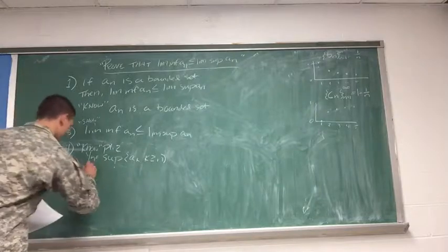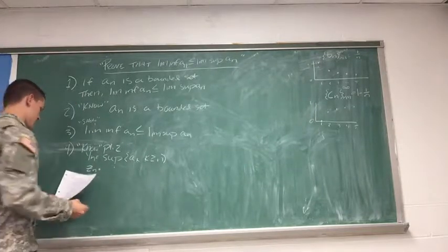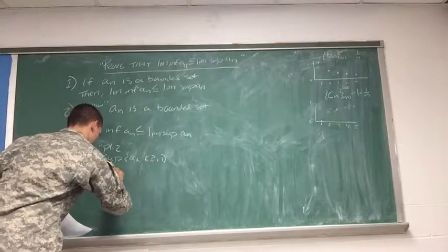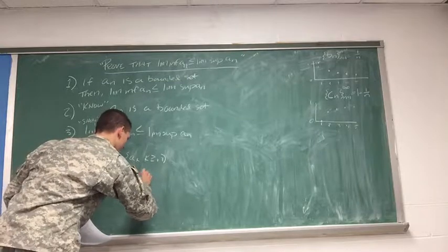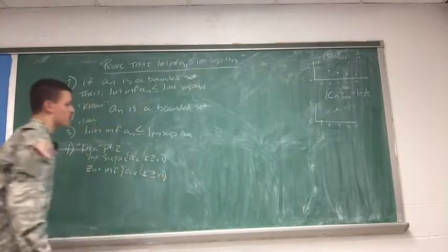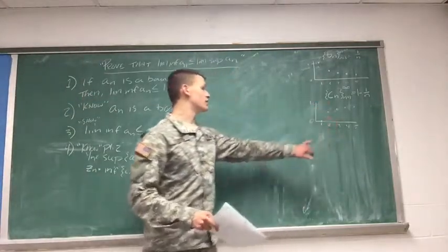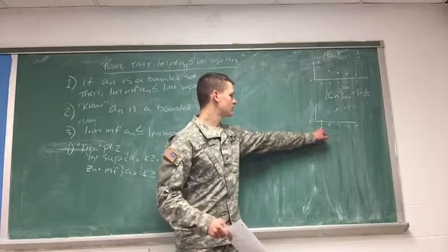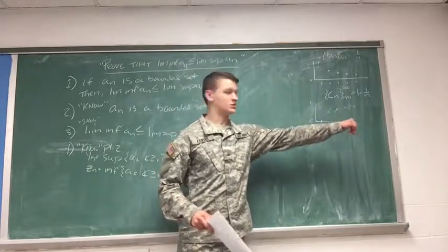The other thing that I know is quite similar. Z of n is going to be the inf of A sub k, where k is greater than or equal to n. Again, if we go back to these examples, in C sub n, if I let my n equal 1, the inf for the set is 0.